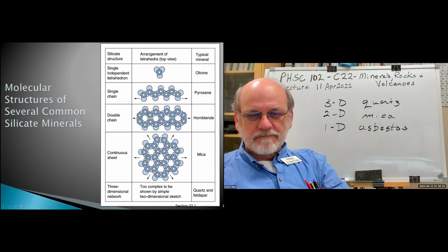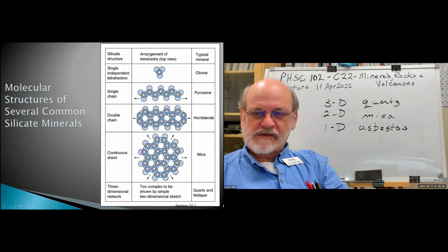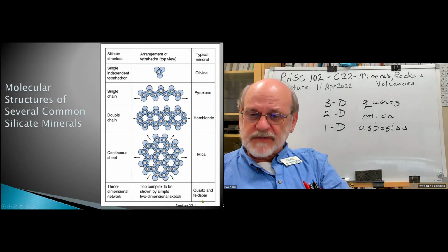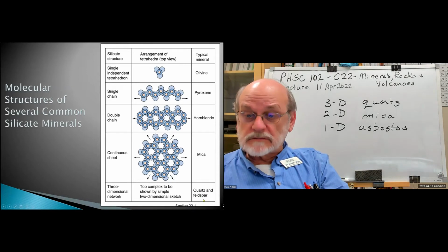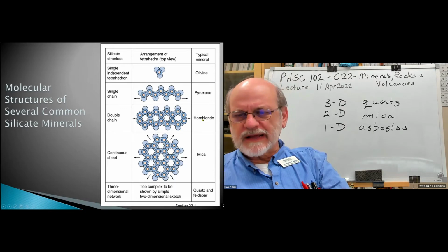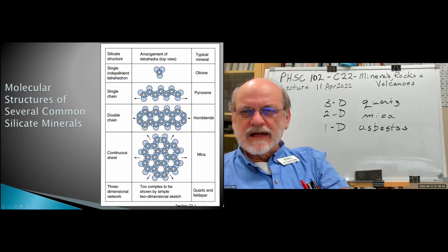Okay, all right, there's mica, continuous sheet. Okay, three-dimensional, quartz is good. There's another one called feldspar. Double chain, hornblende, I'm not too familiar with these others. Single chain, pyroxene, and independent tetrahedrons.